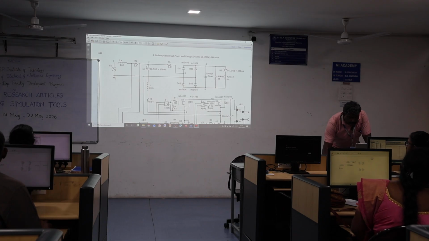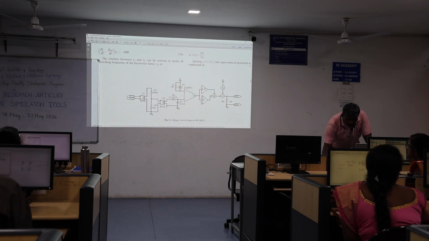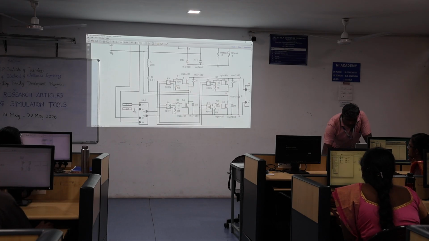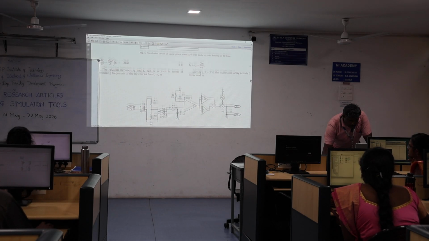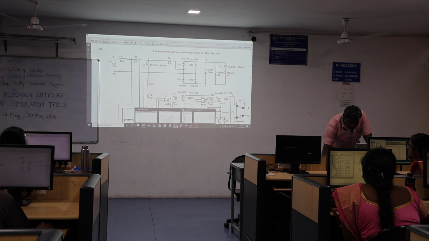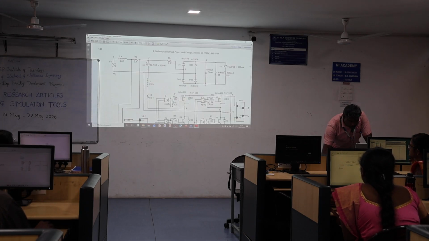So let us take our supply voltage as 230 volt. Here 2 millihenry, 0.1 ohm.